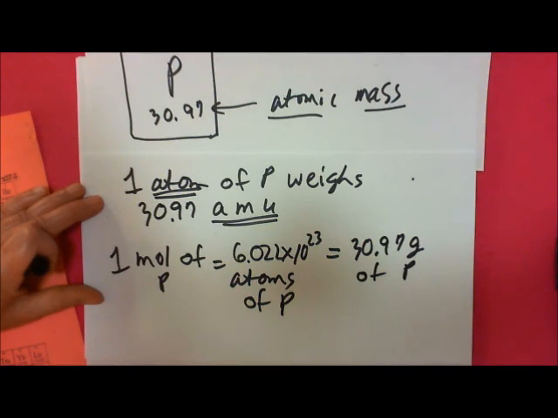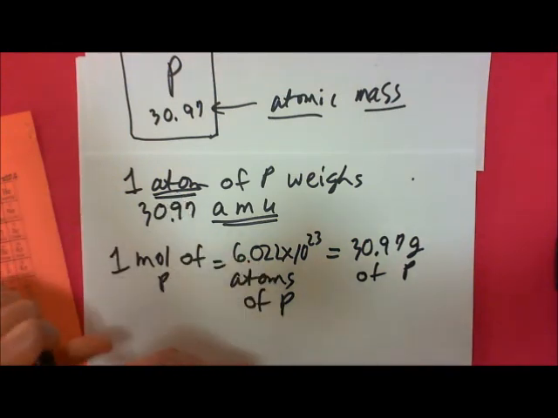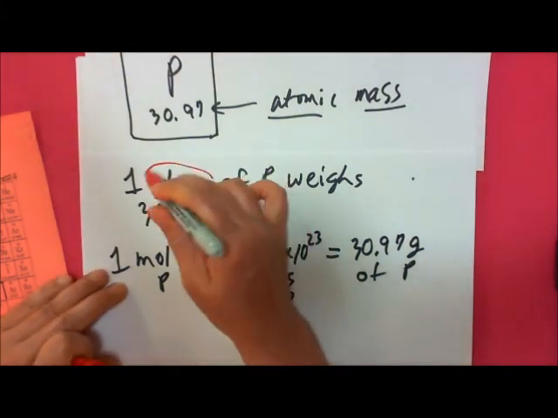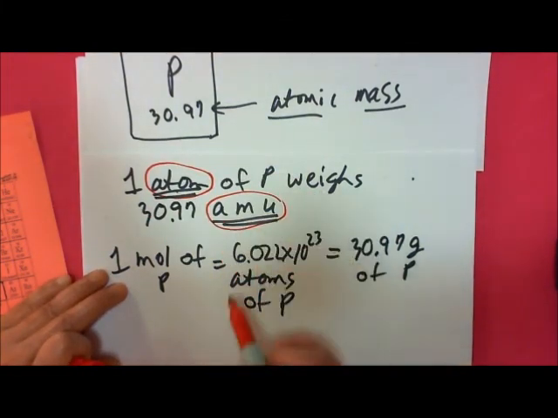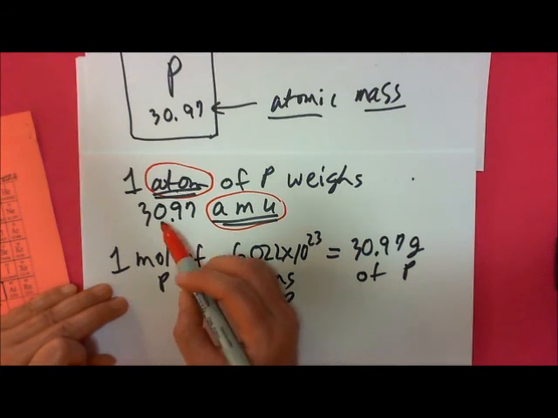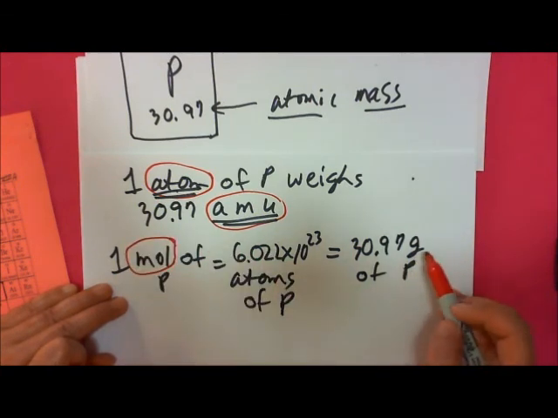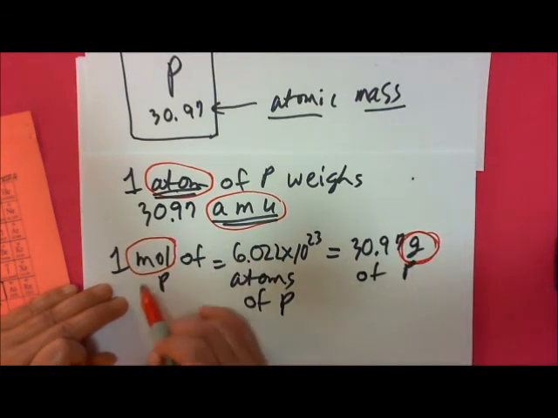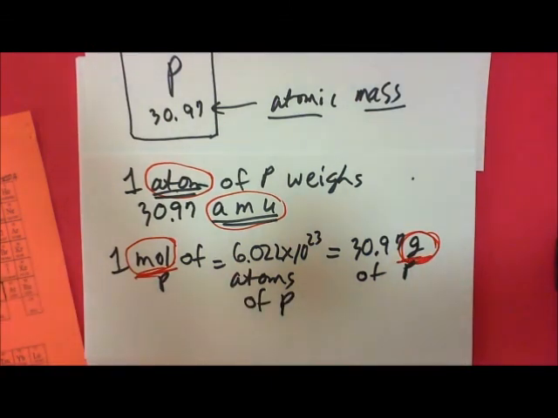So what you want to note here is that our previous definition from our previous chapter was atoms to atomic mass units, and in this chapter moles to grams. Moles to grams. Okay, but we've got a conversion factor.